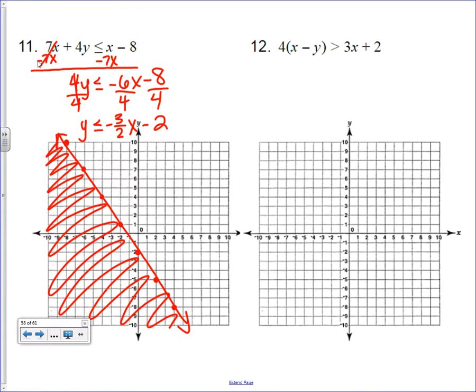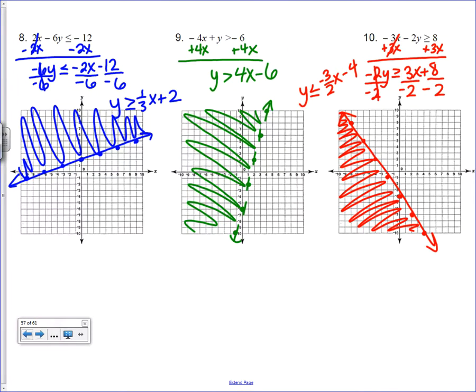What do you notice about those lines, number 11 and number 10? They're the same slope, aren't they? Which means if they were on the same graph, what would you tell me they are? Parallel, because they never what?